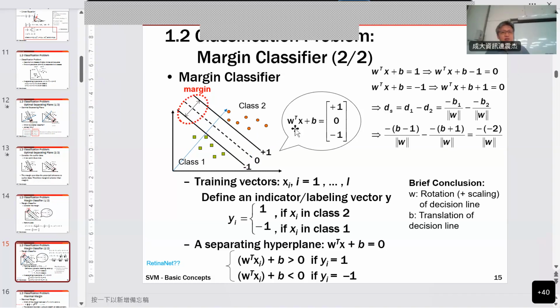This is ds, d1 is from 0 to the first line, d2 is from 0 to the second line.